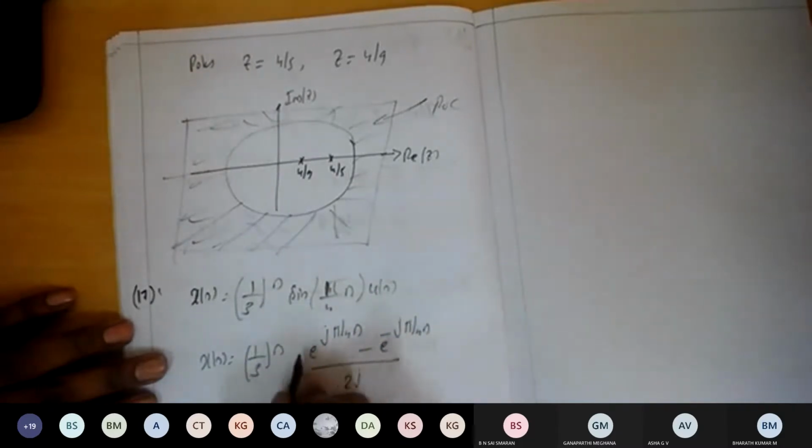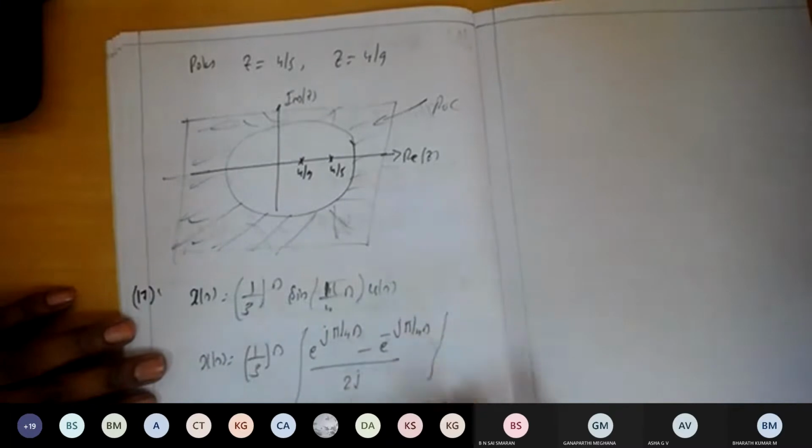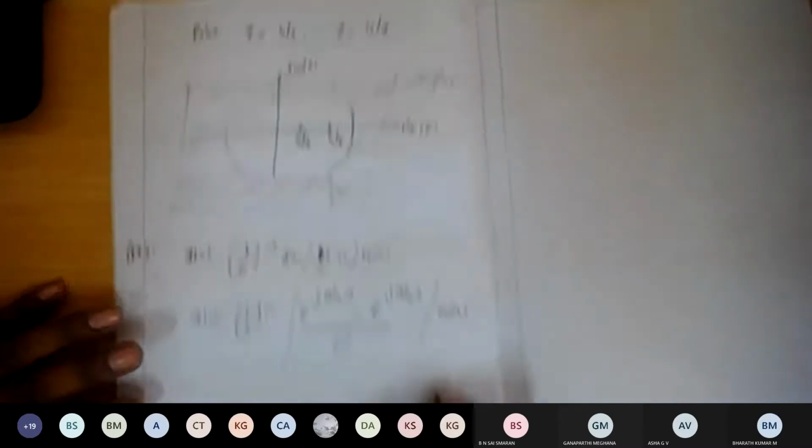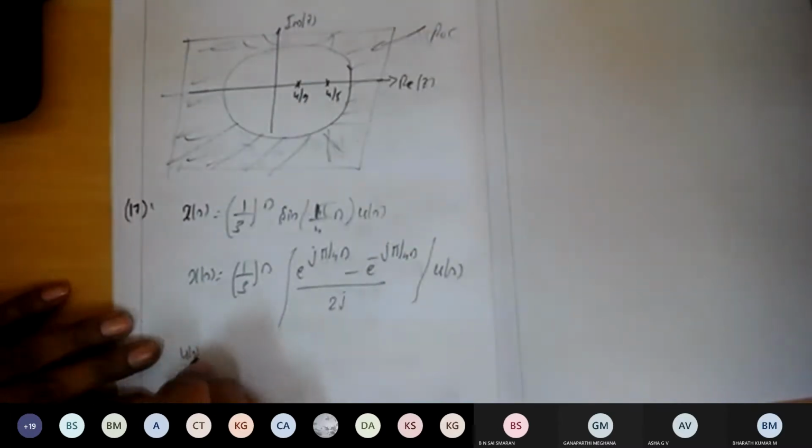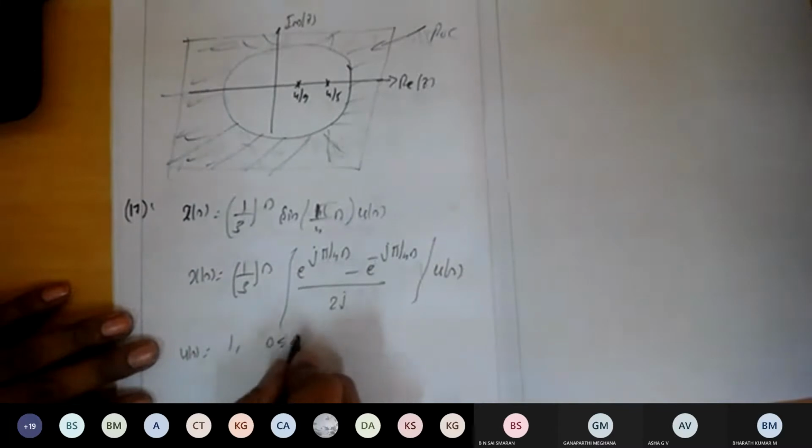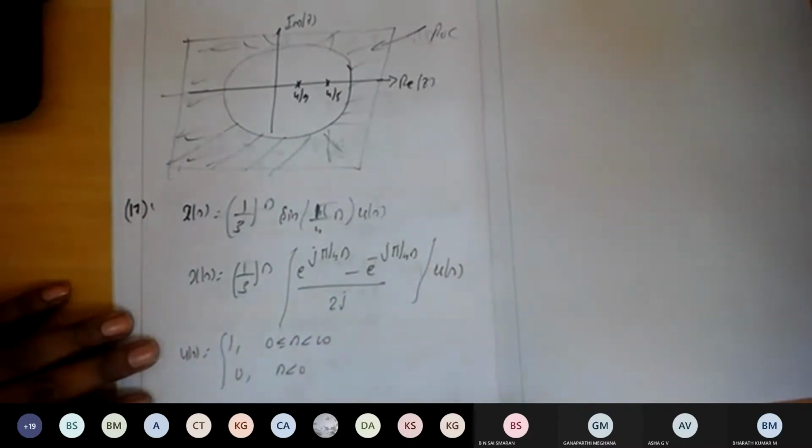Here n is common among these two, so we can take n common and multiply by u of n. We know that u of n is equal to 1 for 0 less than or equal to n less than infinity, and 0 for n less than 0.